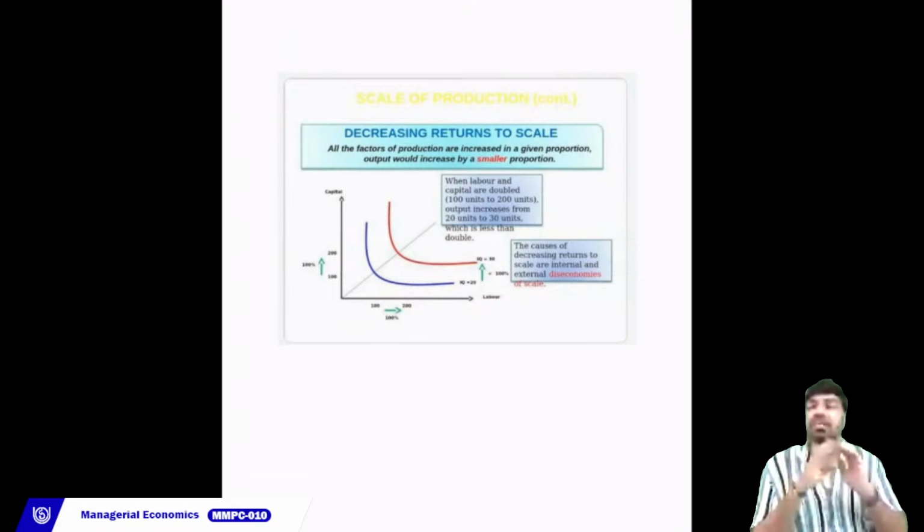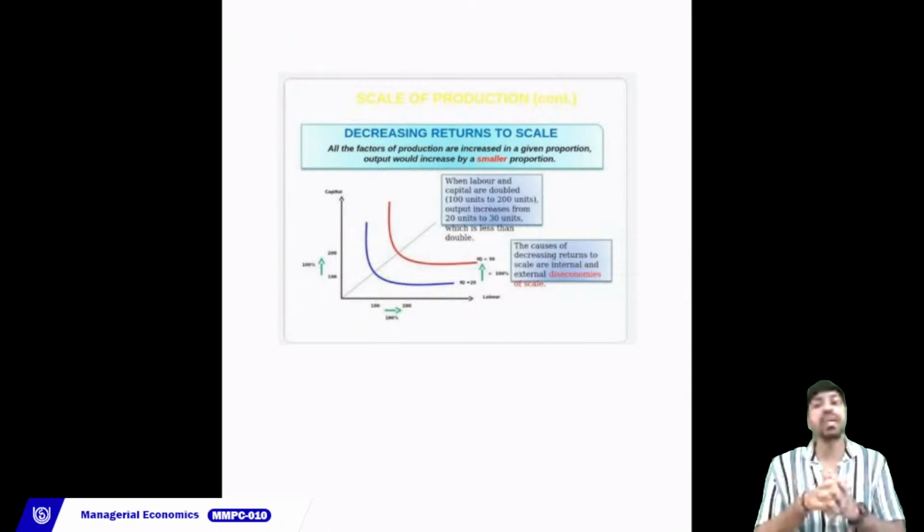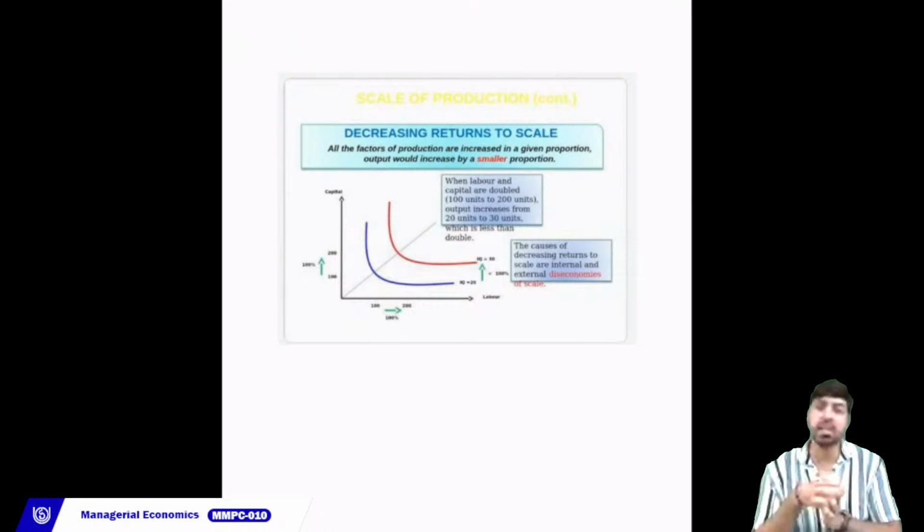When we talk about decreasing returns to scale, all the factors of production increase in a given proportion, but the output increases by a smaller proportion. That's called decreasing returns to scale. It means output increases at a decreasing rate.